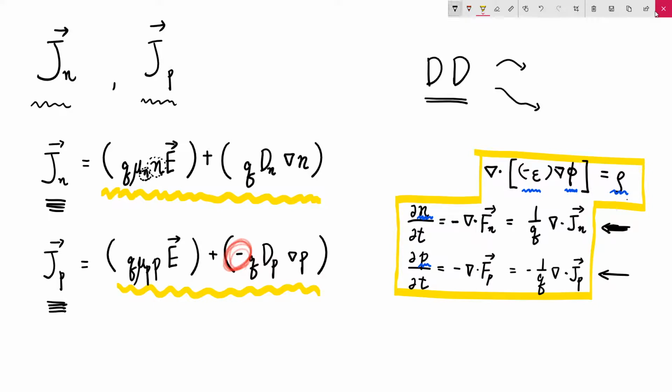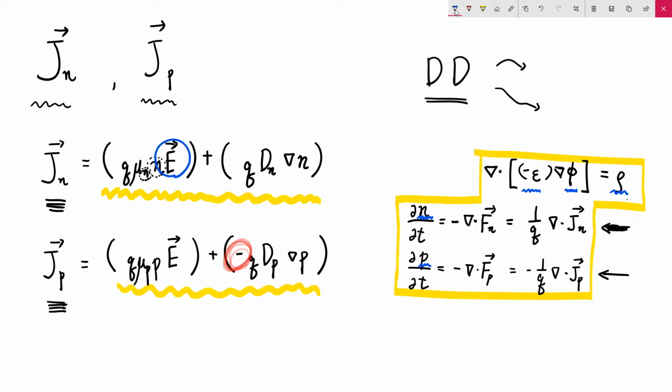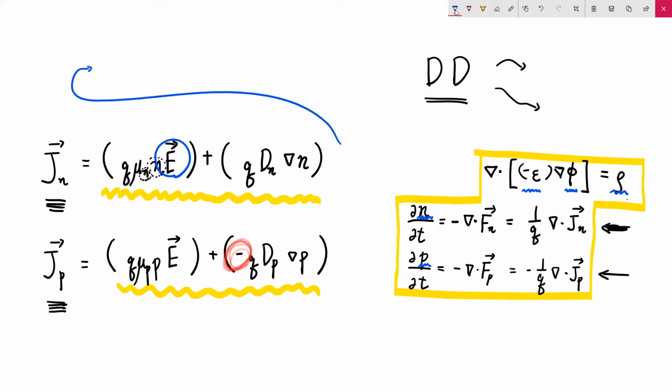Of course, if we apply the electrostatic approximation for our electric field, then we can introduce a more frequently used form, more suitable for our purpose. In this case, we will have minus q mu n n gradient of phi plus q dn gradient of n.